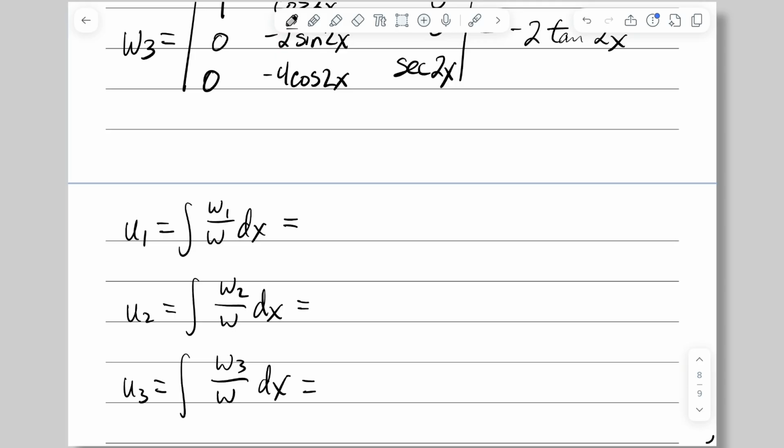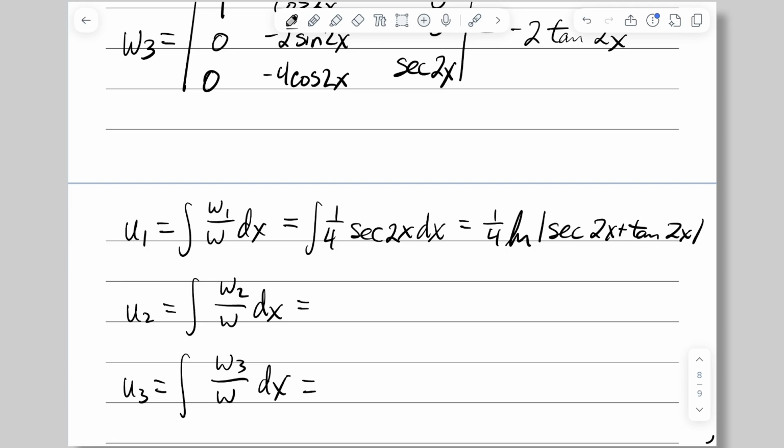Using the determinants that we found above, U1 is the integral of 1/4 secant of 2x dx. And so it's going to be, that's a secant of 2x, not secant squared. And so it's going to be 1/4 of the natural log of the absolute value of the secant of 2x plus the tangent of 2x.